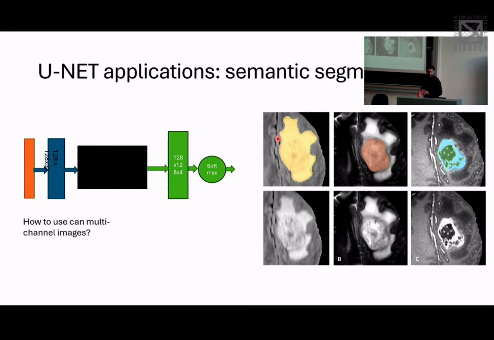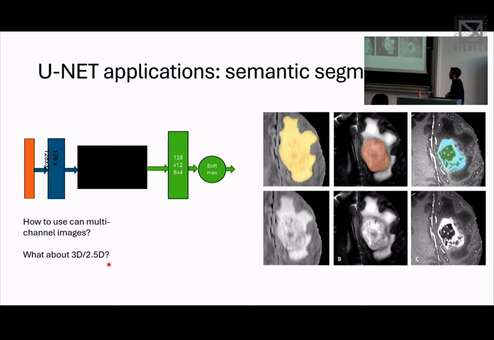So how can we deal with them so that the network can best exploit all of the information? We can actually just concatenate multiple MR sequences, as if they were red, green, and blue in a natural image. The network will fuse them and learn to do the comparison.